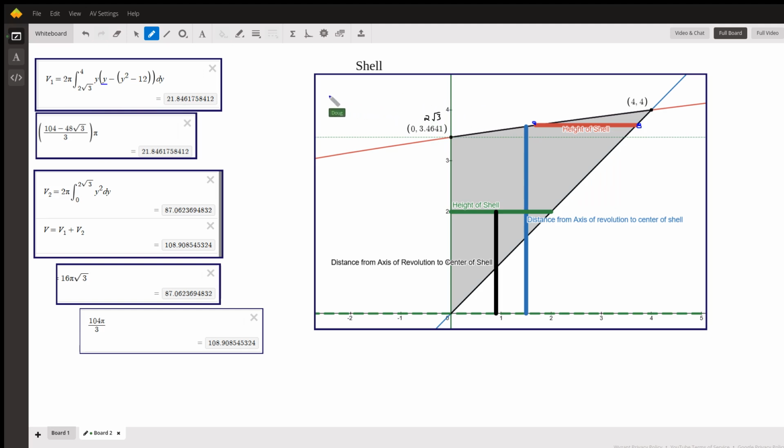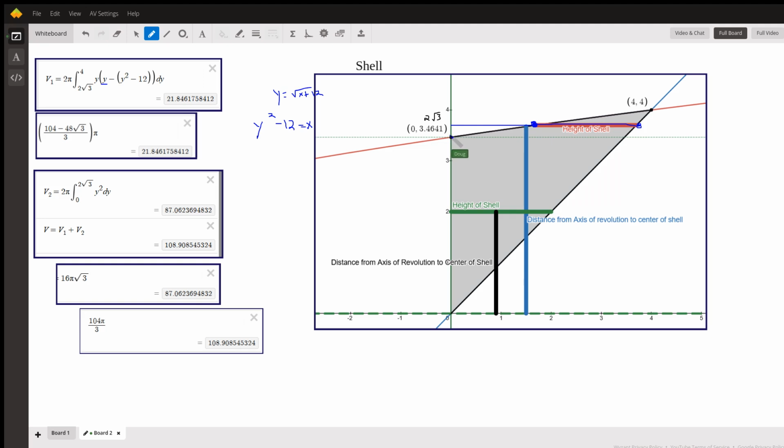So in other words, I solved y equals the square root of x plus 12 for x, because this is a horizontal distance. So if I square both sides and subtract 12, the distance from here all the way out to here is y squared minus 12 for every y between.